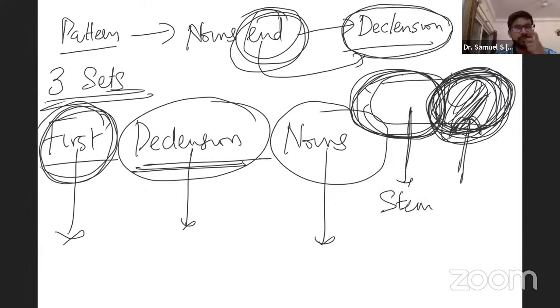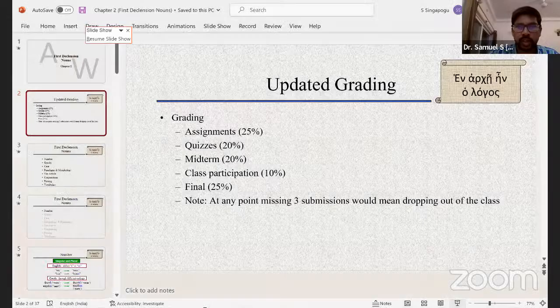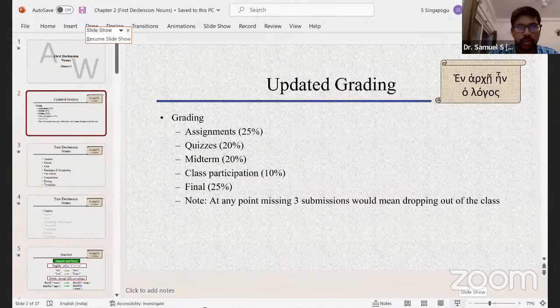It doesn't change. This is the ending. So you learn the ending, you know one set of nouns. So with that as the introduction, we go back to our lesson. First declension nouns.